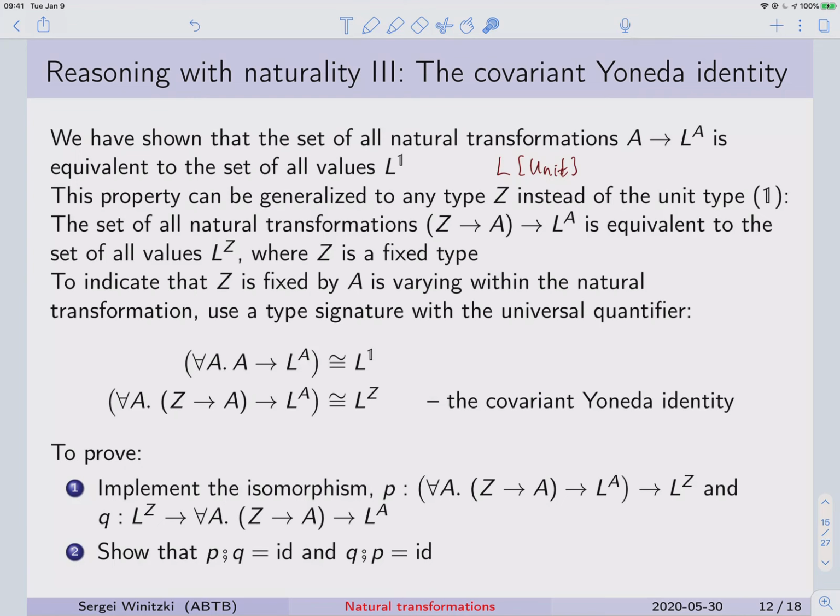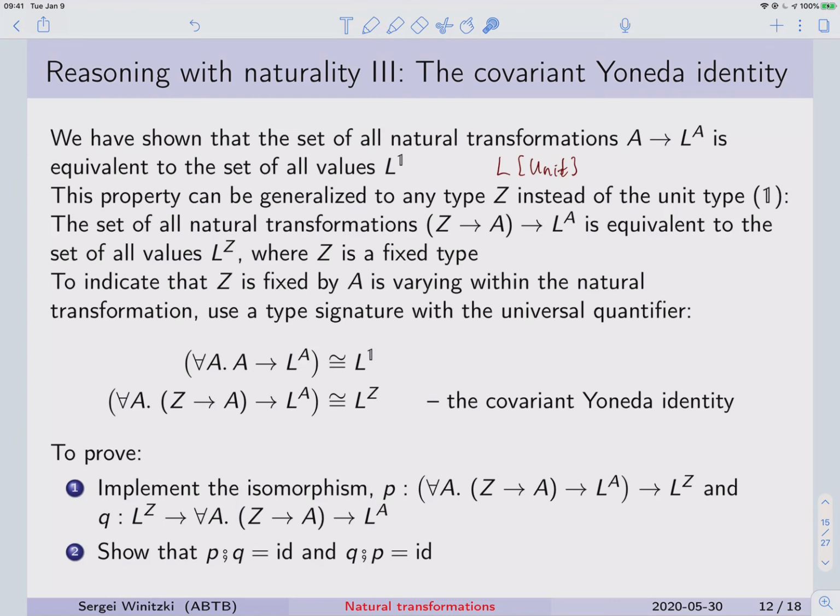It is called the covariant Yoneda identity: the set of all natural transformations of this type signature, where this is one functor and this is another functor, is equivalent to the set of all values of this type.